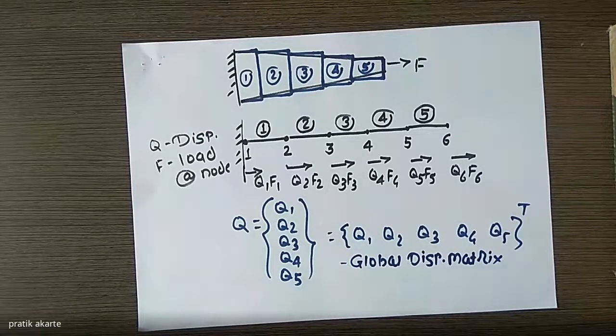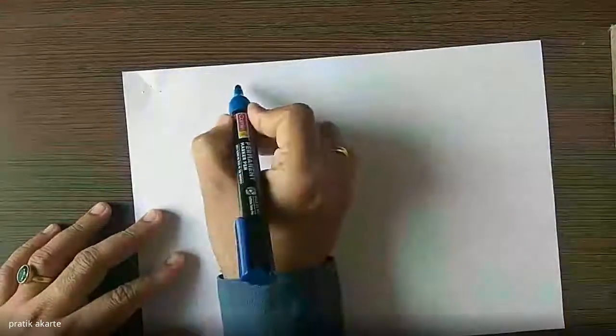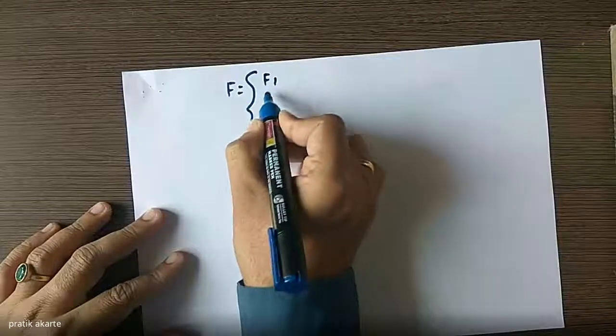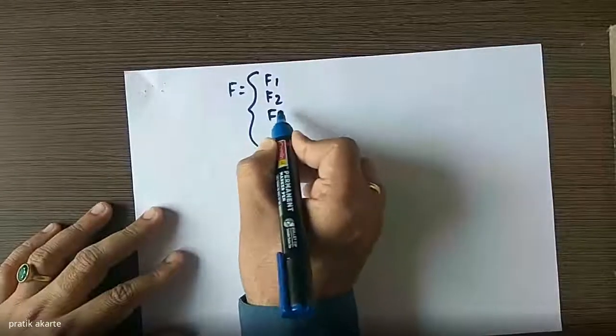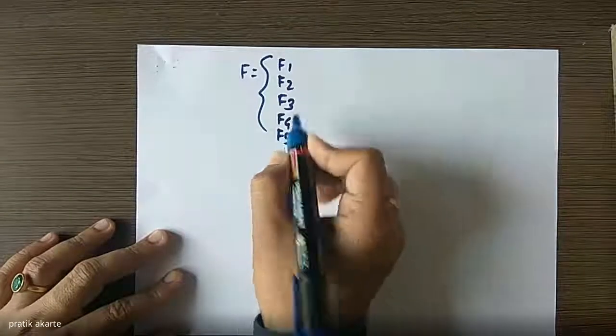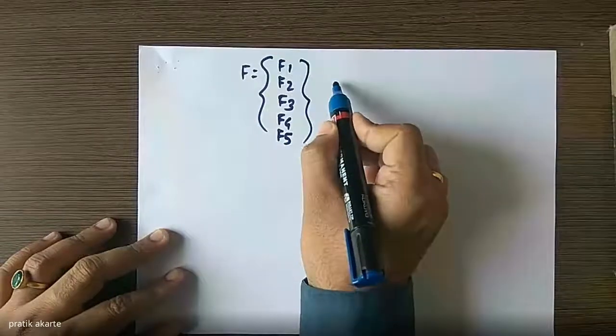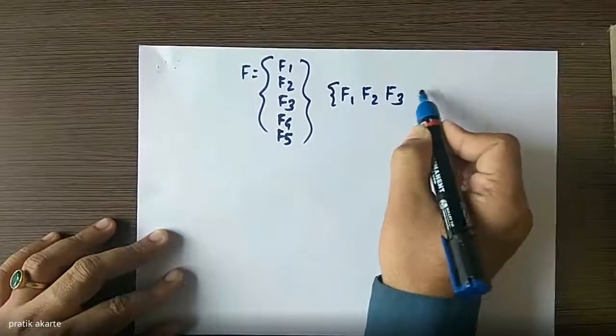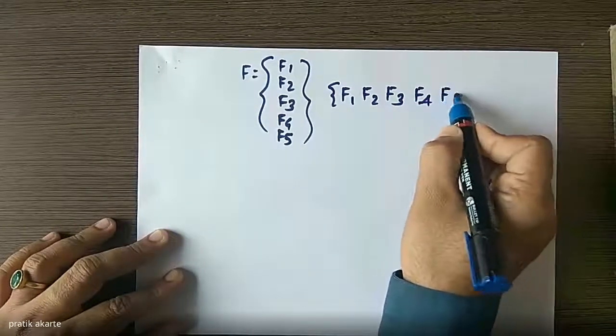Okay, so this is your displacement matrix. Next are your forces. On similar lines, we can write the force matrix as F1, F2, F3, F4, and F5, or we can write the transpose as F1, F2, F3, F4, and F5.